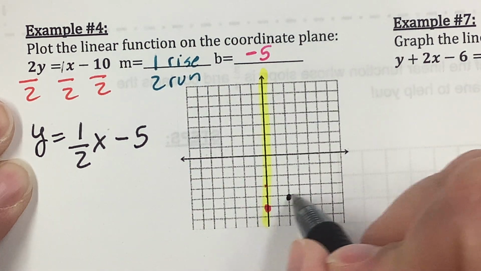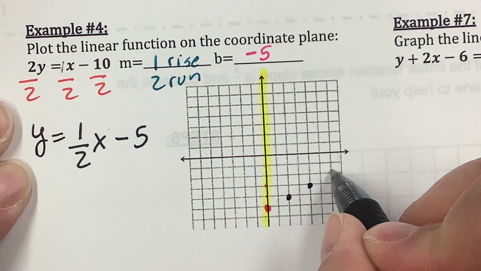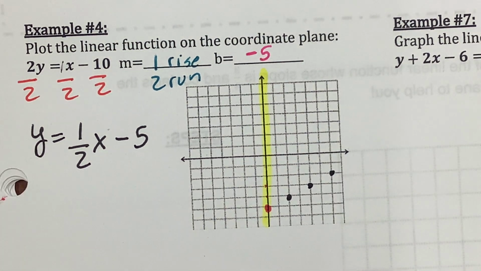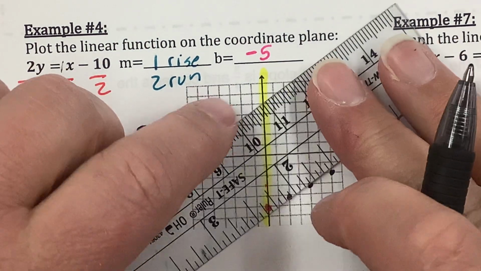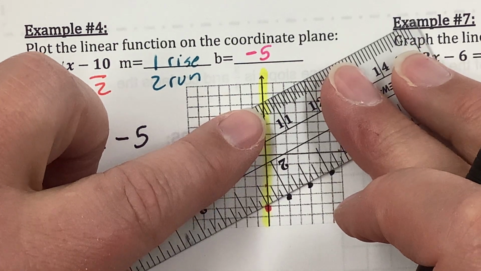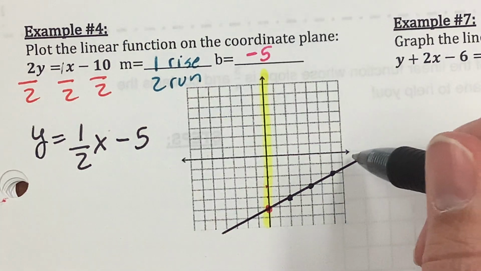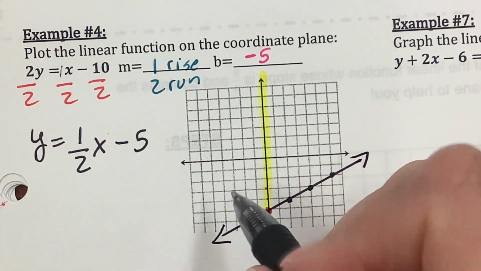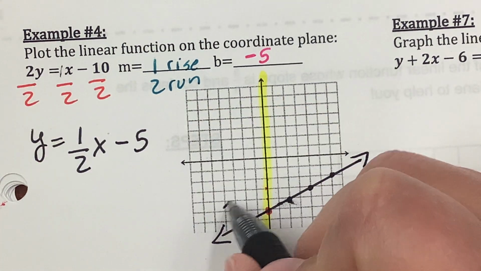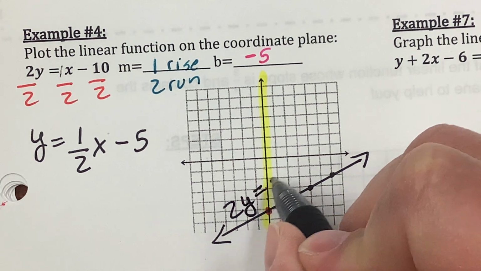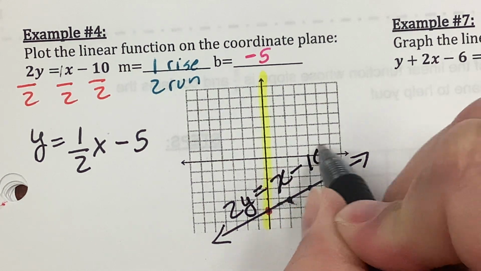Rise 1, run 2. All the way across my grid. Grab my ruler. Connect the dots. Arrows on both sides and original equation: 2y equals x minus 10.